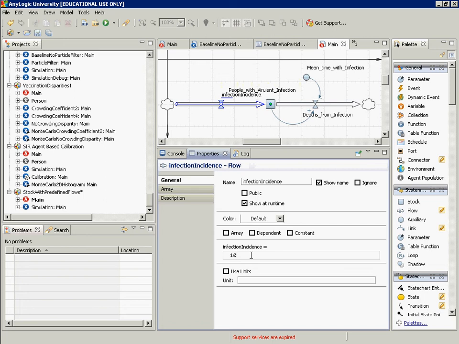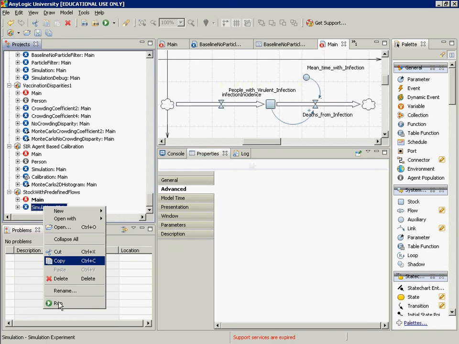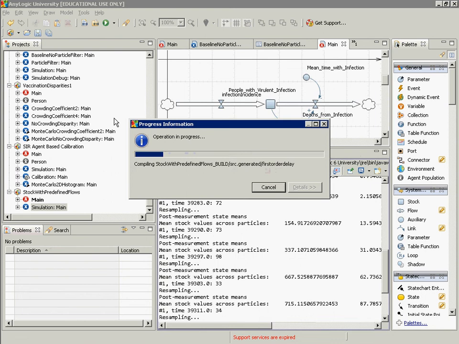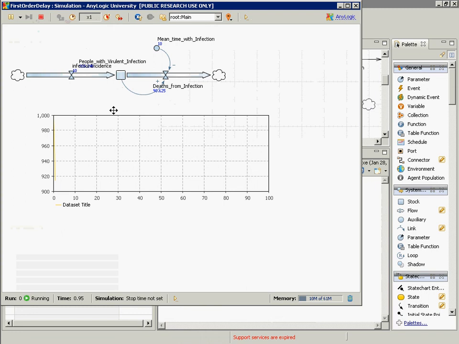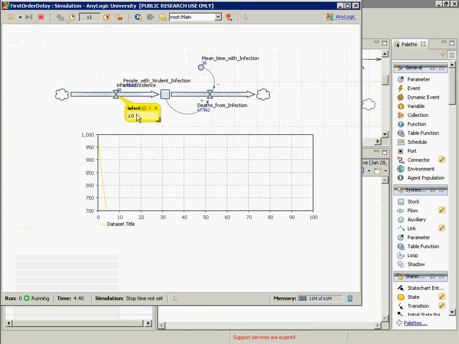We give an expression in Java. And I just put down 10 there. So we could run this, and we could see a situation where we have coming into that stock a flow with some fixed value, some fixed rate, people per unit time. So there we go. Here's 10 people coming in, and you'll notice its value is consistently 10. If we did a graph of it, we could see that its value holds consistently to 10.